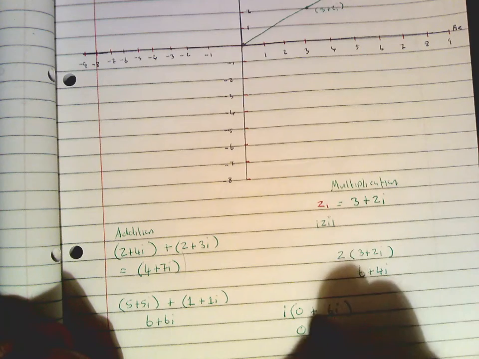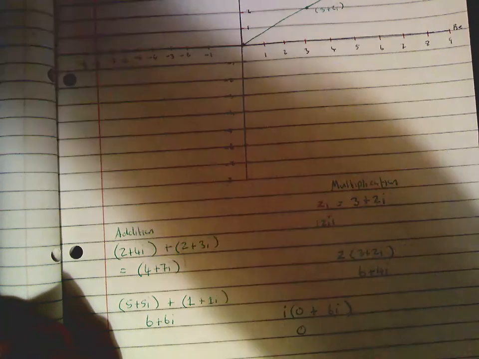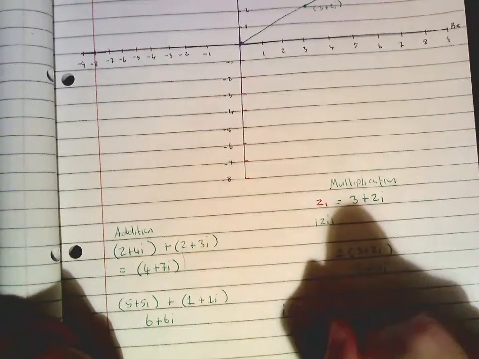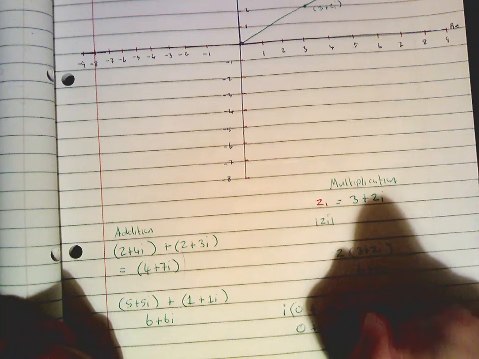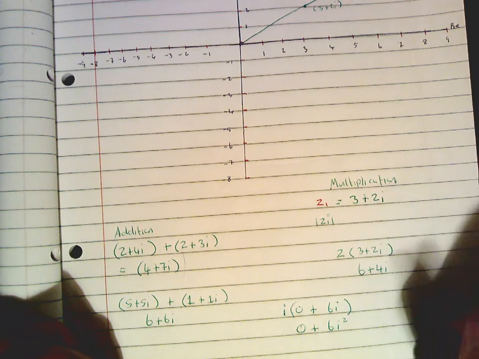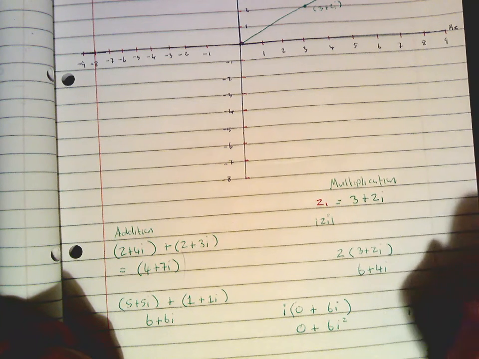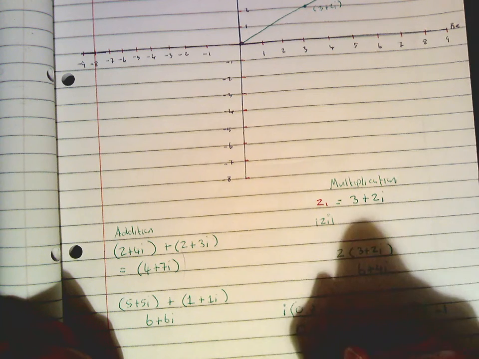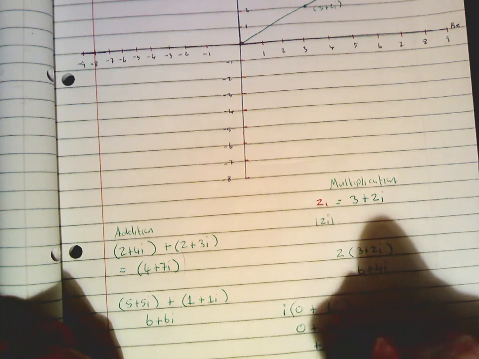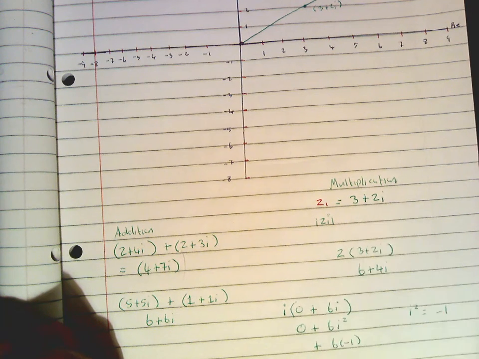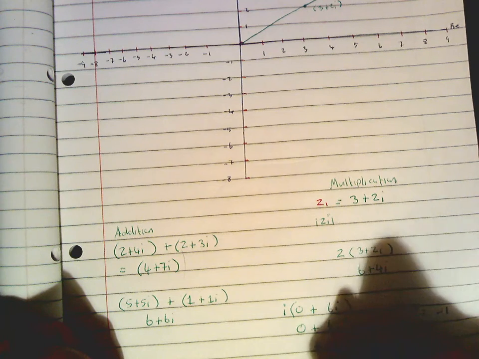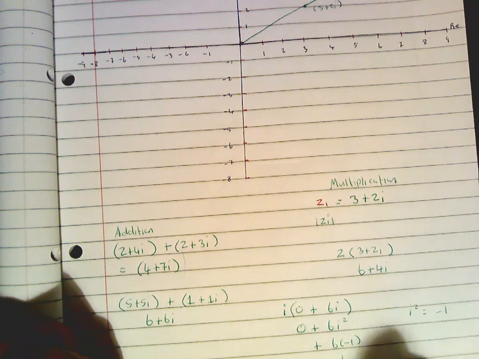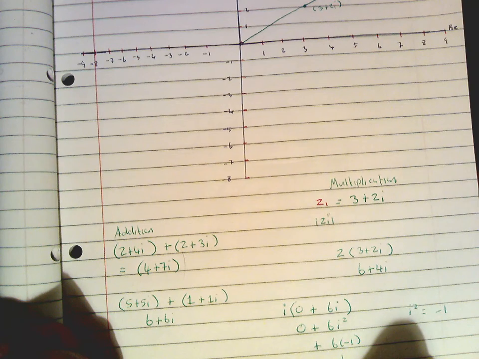Okay, i by plus 6i gives me plus 6i squared. And if we remember, i squared is equal to minus 1. So this will become plus 6 times minus 1, and 6 times minus 1 is equal to minus 6. So the real part now is minus 6.